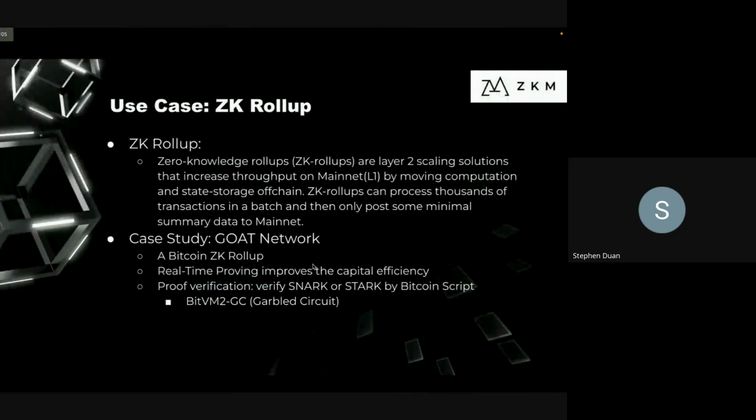Okay, so for the use cases, the first use case I will introduce is the zkRollup. Actually, it's the most widely used use case, I would say, not only in the EVM, Ethereum ecosystem, but also in the Bitcoin ecosystem.